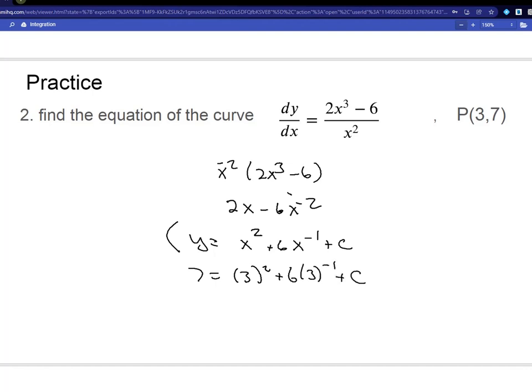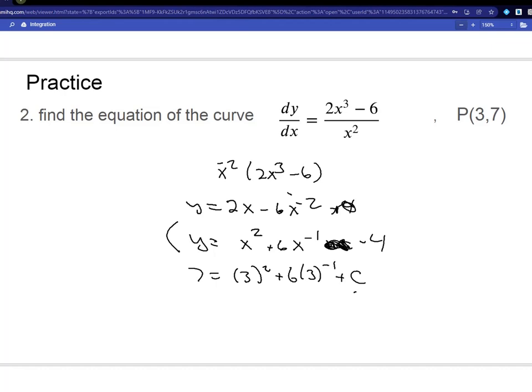I got x squared plus 6 over x minus 4. So you find out C was -4? Yeah.